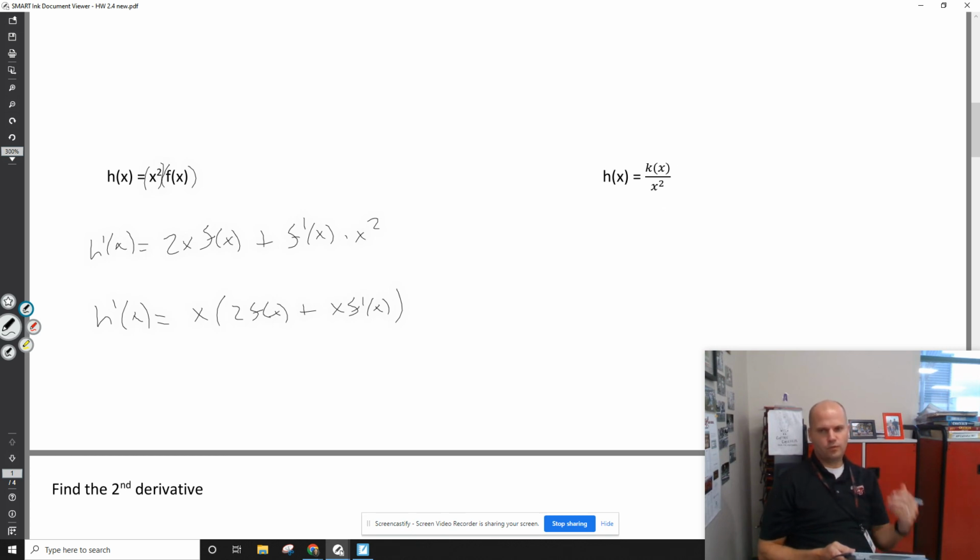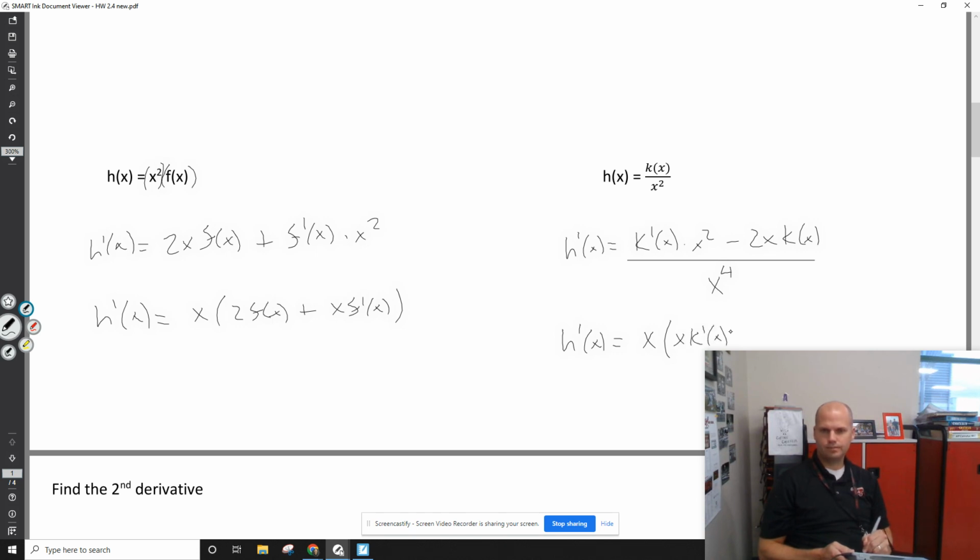This is a quotient of 2 functions with x's, so I would use the quotient rule. Derivative of the top times the bottom, minus the derivative of the bottom times the top, all over the bottom squared. I could factor out an x from the top and cancel 1 x.